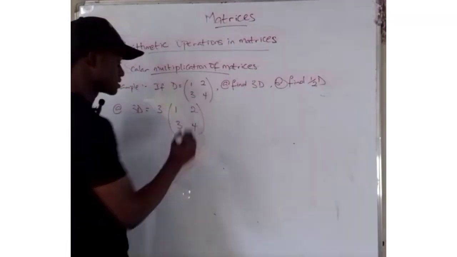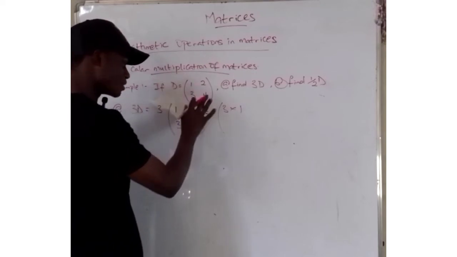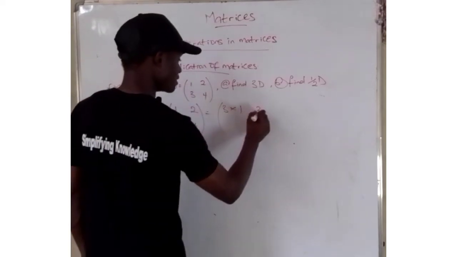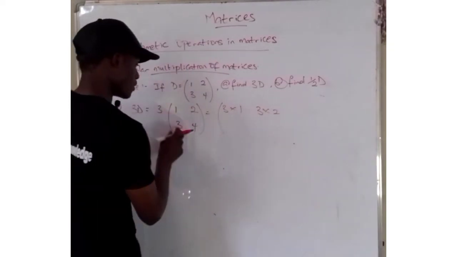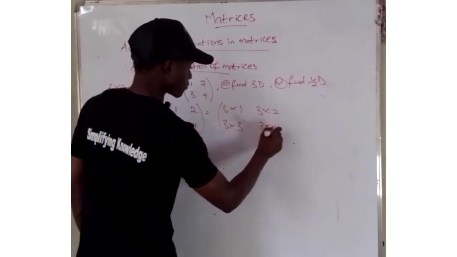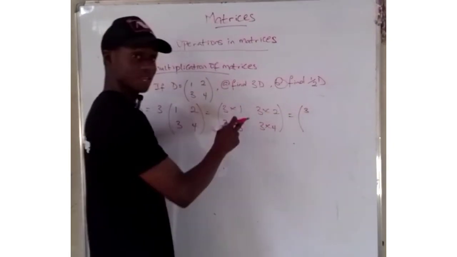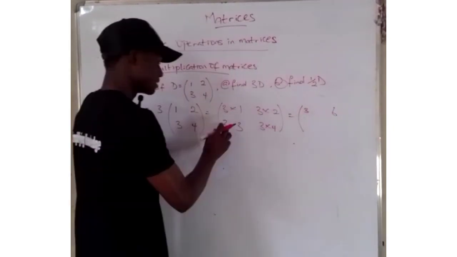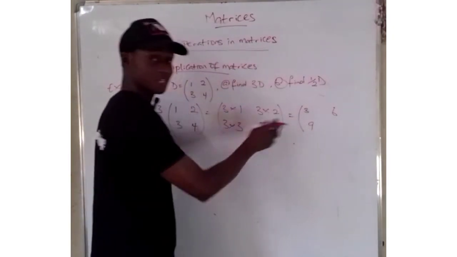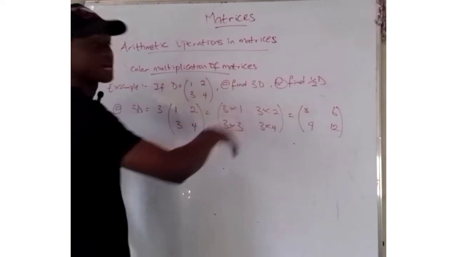It's as simple as this. 3 times 1, first, 3 times 2, next, followed by 3 times 3, then 3 times 4. So what would that give us? 3 times 1 is 3, 3 times 2, 6, 3 times 3, 9, 3 times 4, 12. So 3D is 3, 6, 9, 12.